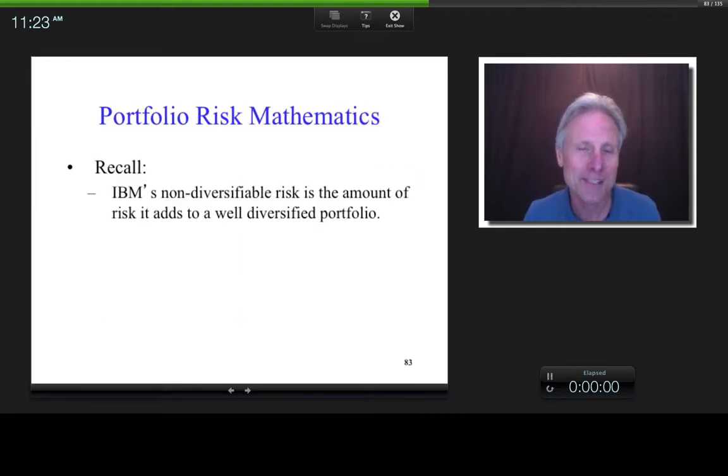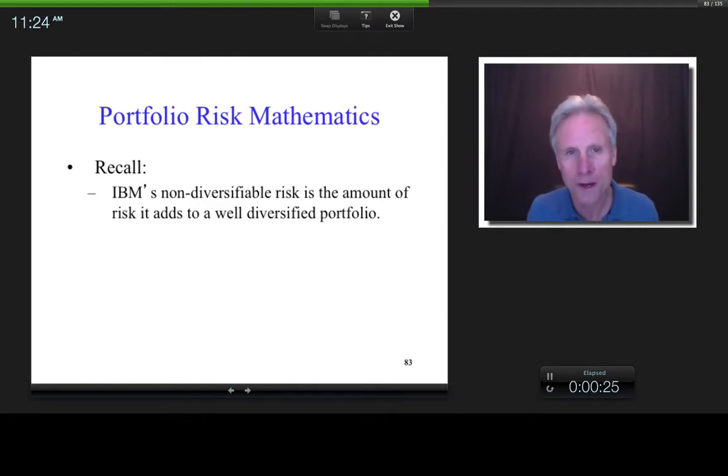So, as I already mentioned, what is IBM's non-diversifiable risk as an example? Well, as you can see right there, it's the amount of risk that it adds or contributes to a well-diversified portfolio. But hopefully that's not just a definition. Hopefully that makes sense to you at this point as to why that's the case. And that's our goal.